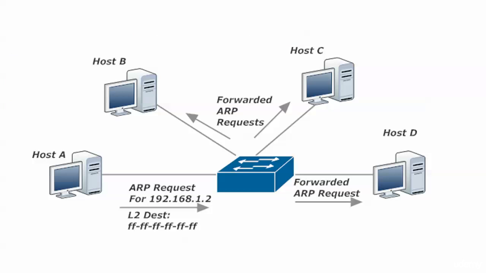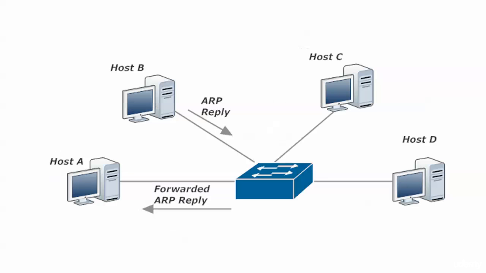Layer 2 destination comes into that switch. It gets forwarded at every port except the one it came in on. So those ARP requests are all going to go out, and everybody's going to look at them. So C and D are going to look at them and say, well, okay, I'm not 192.168.1.2, so I don't care, and it's just discarded. Host B, though, is going to say, hey, wait a minute, I'm 192.168.1.2.